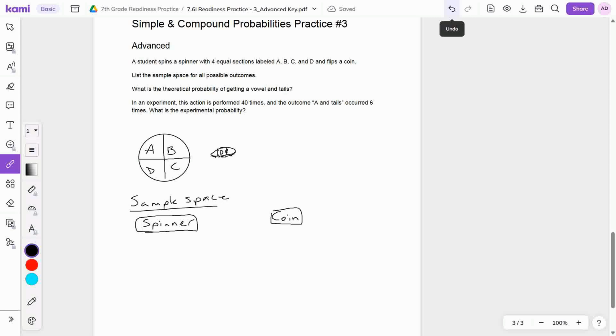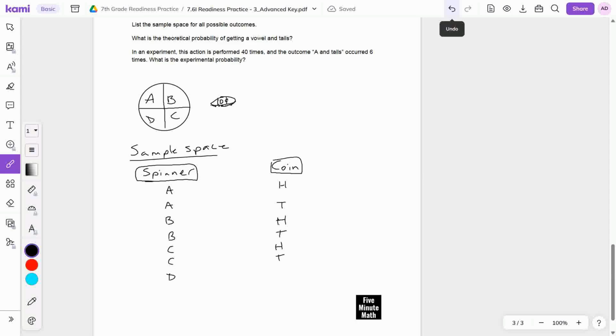So I'm going to say if I land on an A first, there are two choices. I could do A and heads, A and tails. I could do the same thing with B. B and heads, B and tails. And then the same thing with C, two C's, heads and tails. And I could do two D's, heads and tails. All right, so that's a table listing all of my possible outcomes, like we did on problem 2.